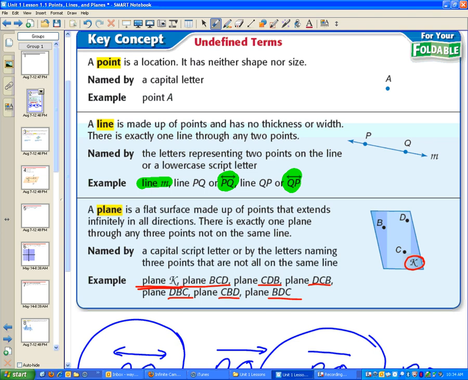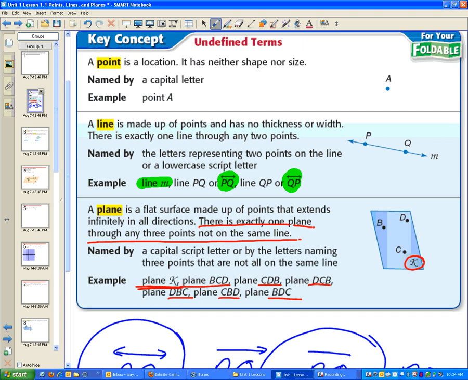Now, this next part's a little harder to understand. It says there is exactly one plane through any 3 points not on the same line. Well, let's look at the screen here. B, C, and D are 3 points not in the same line. They are contained in this plane that contains the screen, aren't they? Okay?